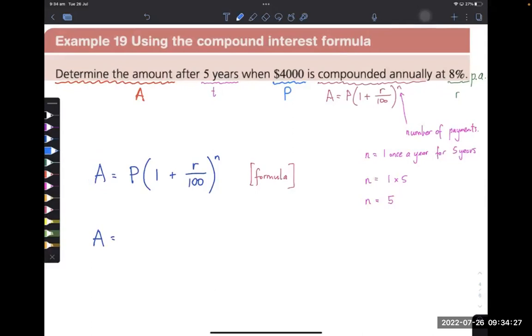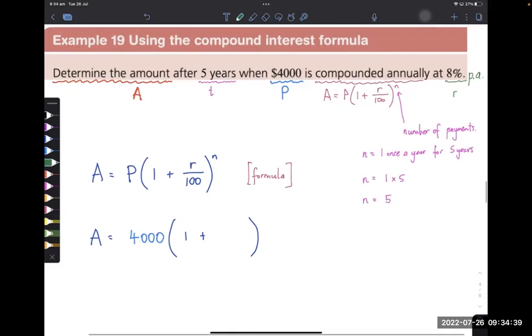I'll actually write it in different colors here. 4,000. We've got our bracket here. We've got 1 plus. What's our R? 8. Notice up here, I've done it in green. So I'm going to write 8 over 100 to the power of 5.